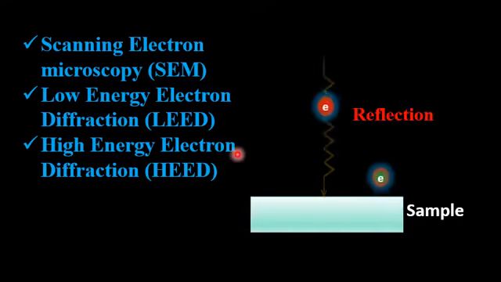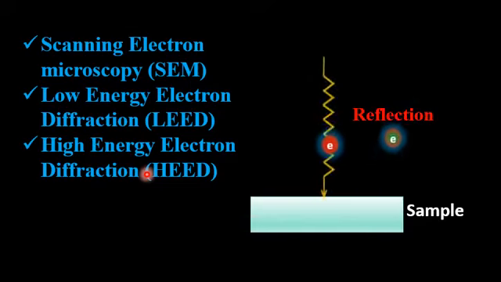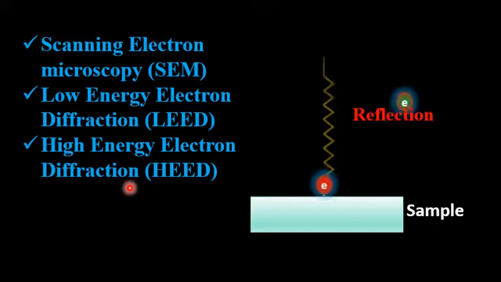Student, a high energy electron diffraction technique is also known as RHEED, which means reflection high energy electron diffraction. This is a very important technique in order to study the structure of the material. That technique is also based on the reflection of an electron from the sample surface.